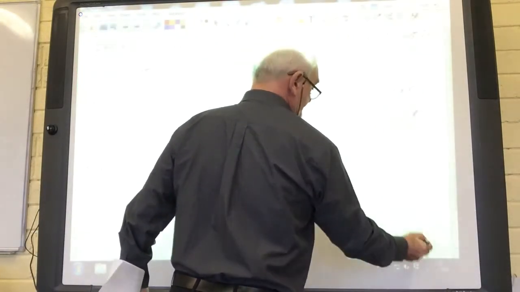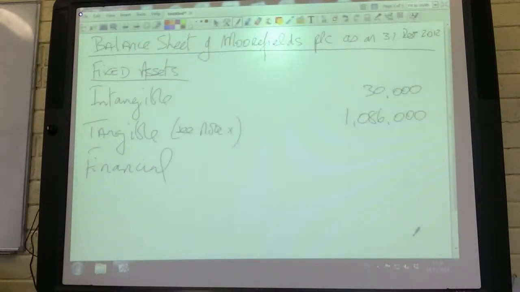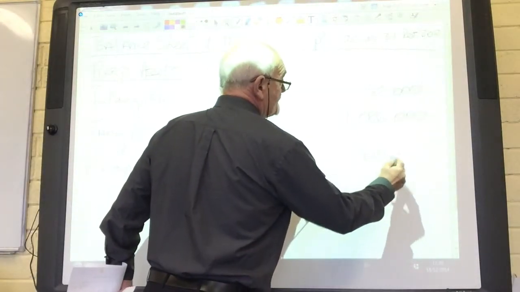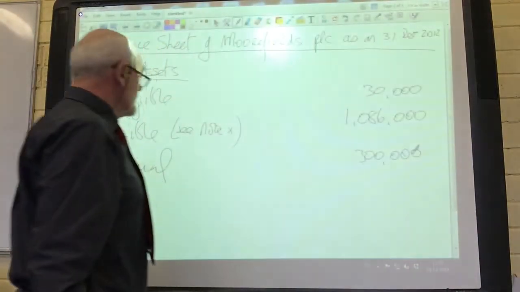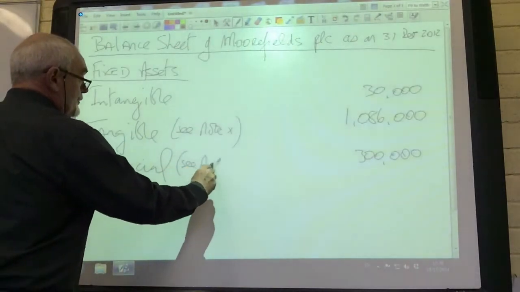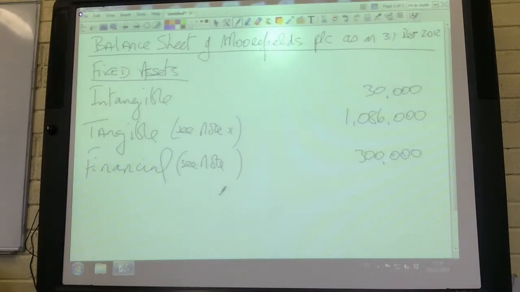And then for financial fixed assets, we've got investments, and we always enter those in our balance sheet at the original cost. So the financial fixed assets would be in at 300,000. It's also common to have a note on those because it is necessary to show the current market value of those investments. And that brings us down to current assets.